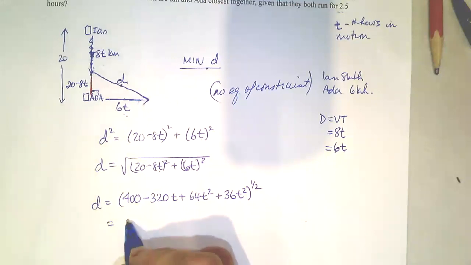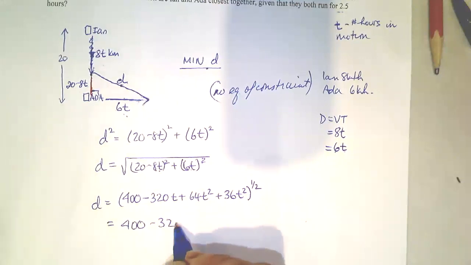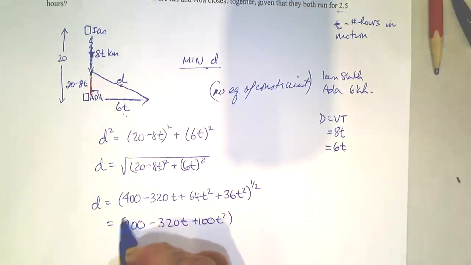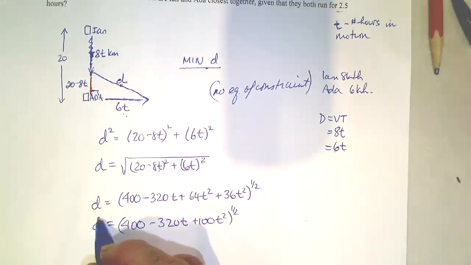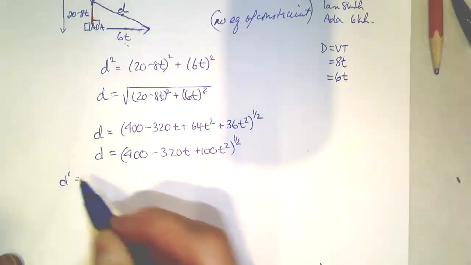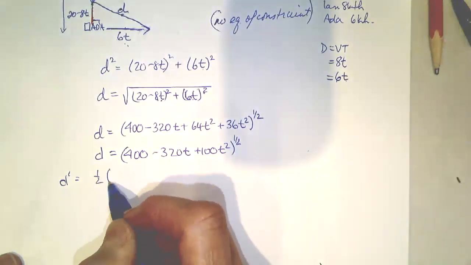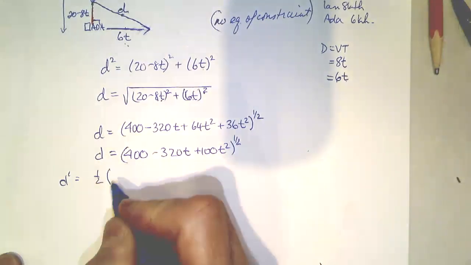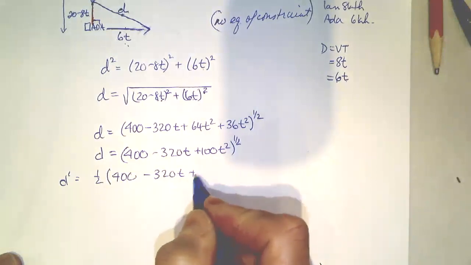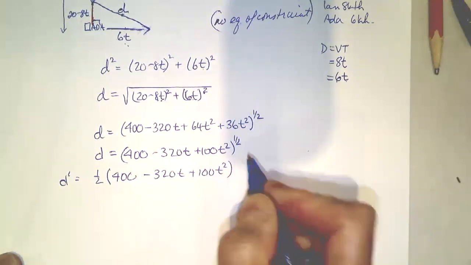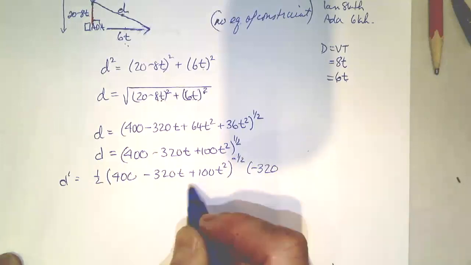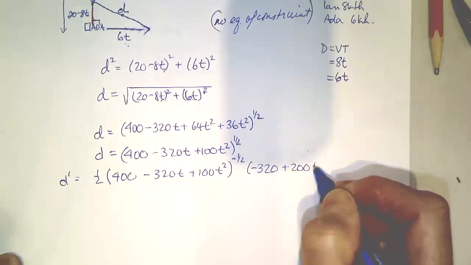And then when you collect like terms, you have an expression which is going to be pretty easy to take the derivative of, but something's going to happen here that hasn't happened before. When I take the derivative, I'm forced to do the chain rule. The half comes in front, you leave the base the same, you drop the exponent by 1, and then it's the derivative of the inside, the derivative of the base, which looks like this.